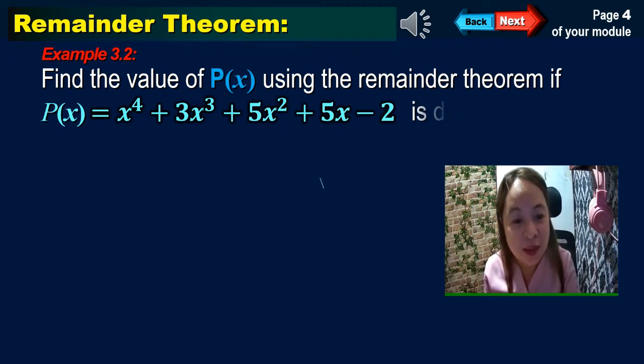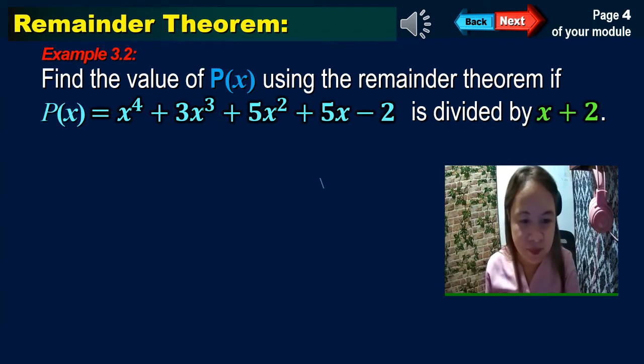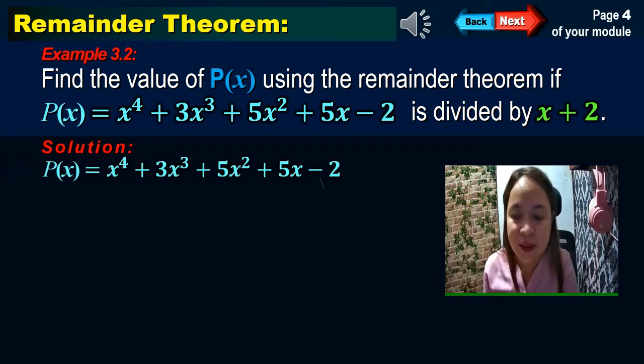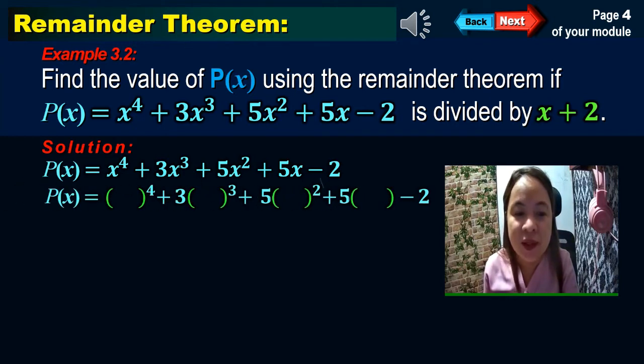Another example. Find the value of P of X using the remainder theorem. If P of X is equal to x raised to 4 plus 3x cubed plus 5x squared plus 5x minus 2 is divided by x plus 2. Again, you need to find the value of C. So our C is negative 2. And then replace x with negative 2.